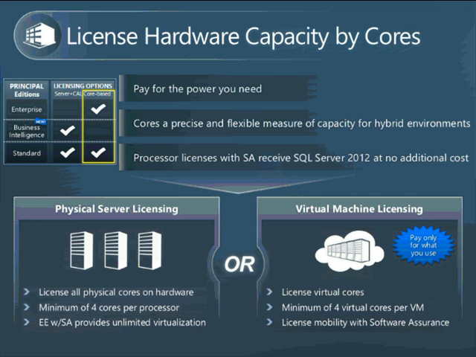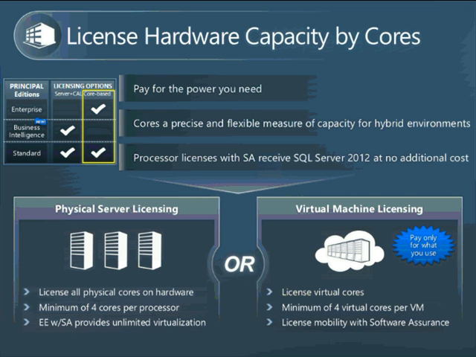But let's talk about the foundation step, which is how do we license SQL Server by cores? In a physical server environment, over in the lower left-hand corner of this slide, it shows that you basically just count up all of the cores on the hardware. It's anything that the operating system can see. You need to license a minimum of 4 cores per processor.